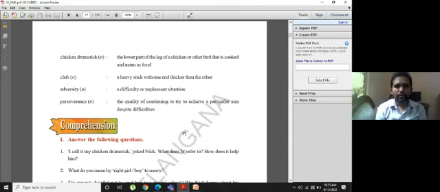And club: a heavy stick with one end thicker than the other. It's a stick used to play golf. Golf is a sport. And next is adversity. Adversity means a difficult or unpleasant situation. It means bad condition also.